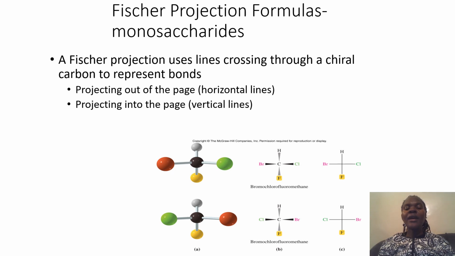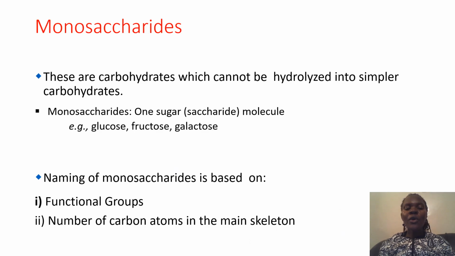It is either a linear projection, always known as the Fischer projection, which is what shows on the slide here, or the Haworth, or cyclic projection, which we'll look at later. We have to understand the linear projection before we can understand the cyclic projection.